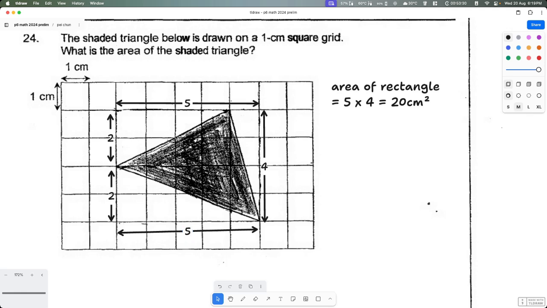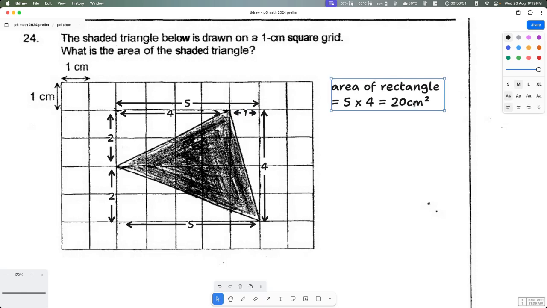This is 4. This is 2, this is 5. This is 1, and this is 4. Okay, great.